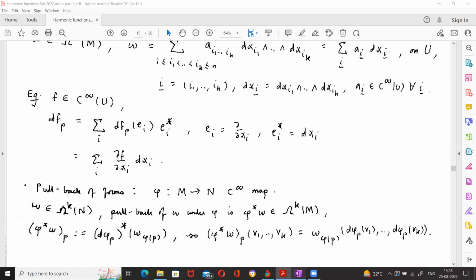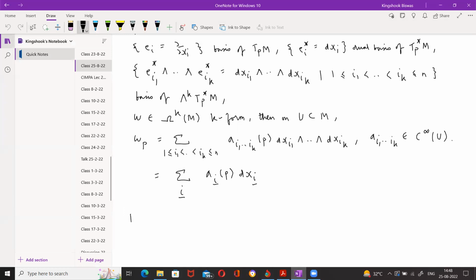Well, in the natural way. So say here is M and here is N. And here I have an omega, which is a K form on N. So I want to pull it back to get a K form on M. So what do I do?